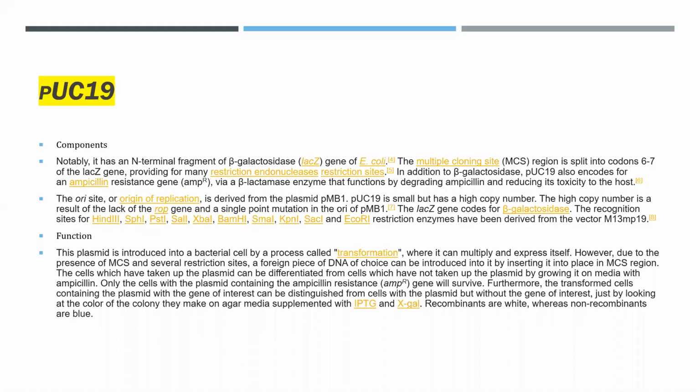This plasmid is introduced into a bacterial cell, which is called the transformation method.